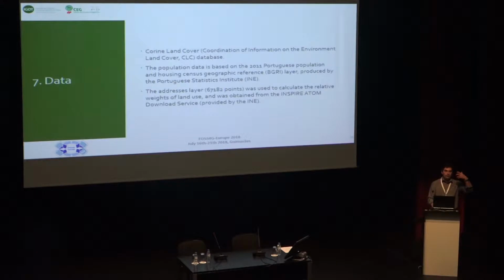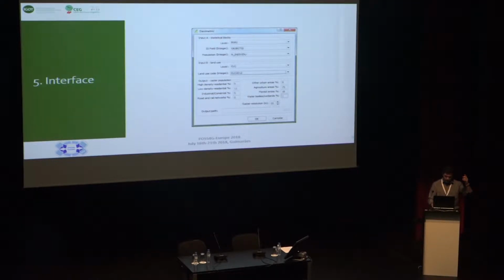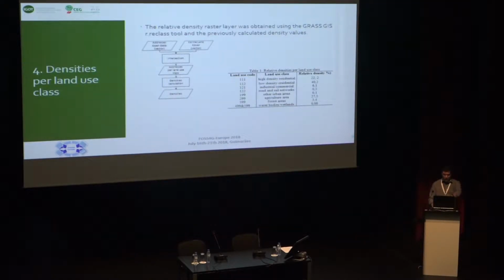Because they have more than 30 classes, I'm going back to explain that we are recoding those lots of classes to just these ones. And if you want to use other land use layers, you need to make new recode files that are available in the plugin folder.